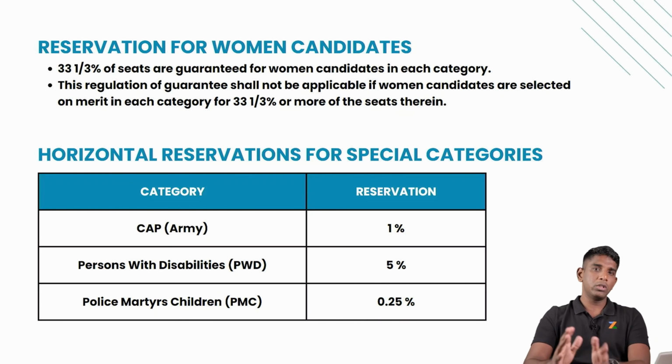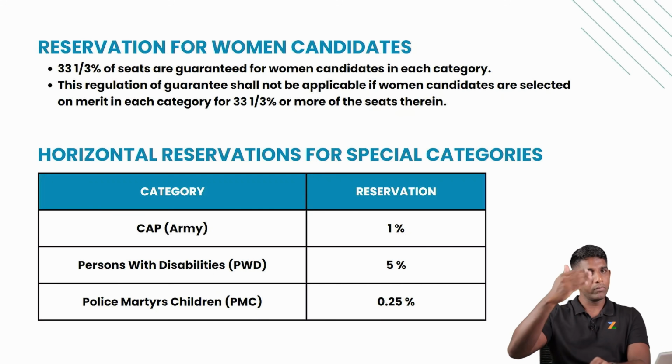Next, we go to the horizontal reservations. The first is the reservation for women. Reservation for women is 33 1/3%, which is basically 33.33% reservation. This percentage of seats is there for women candidates in each category.